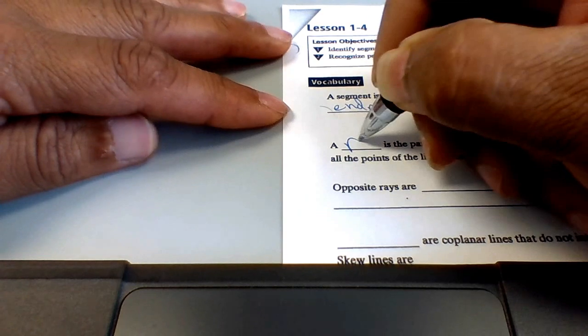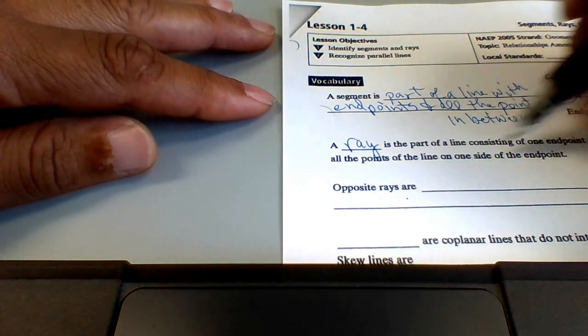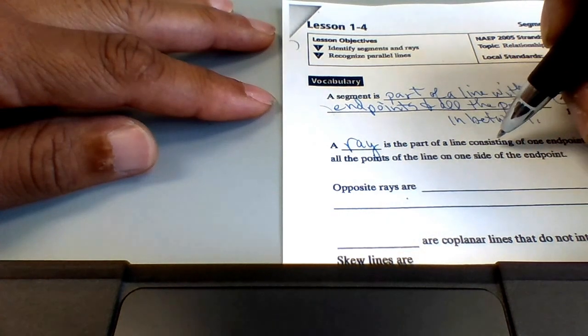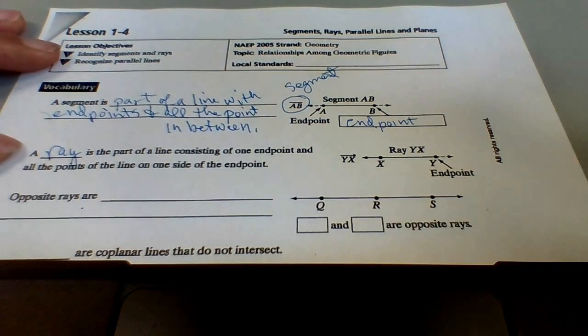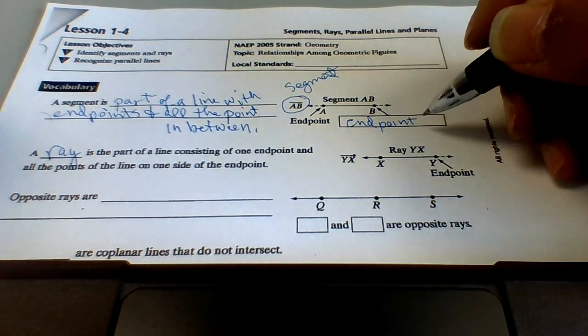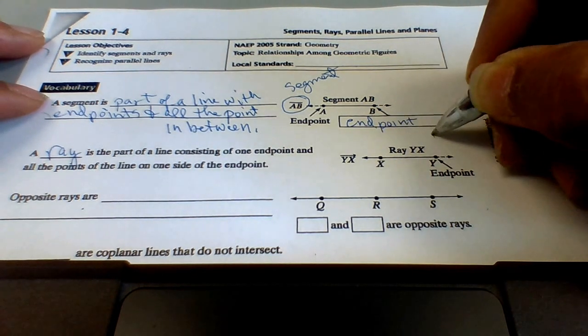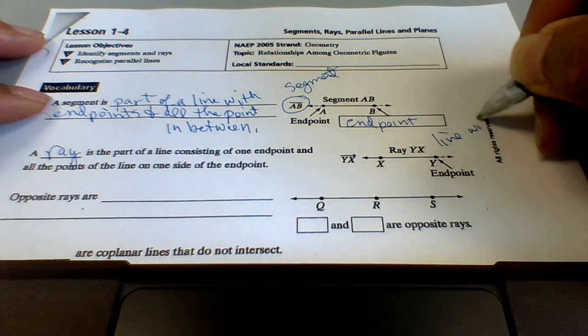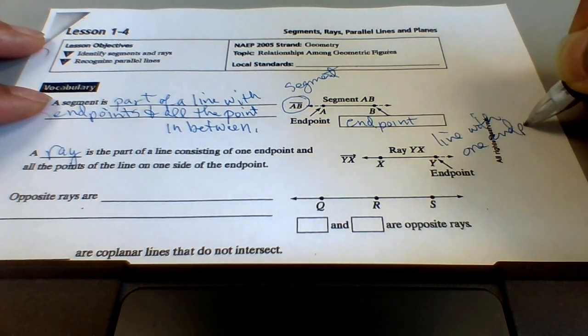A ray is a part of a line consisting of one endpoint and all the points of the line on one side of the endpoint. So this is an example of a ray. It's a line with one endpoint.